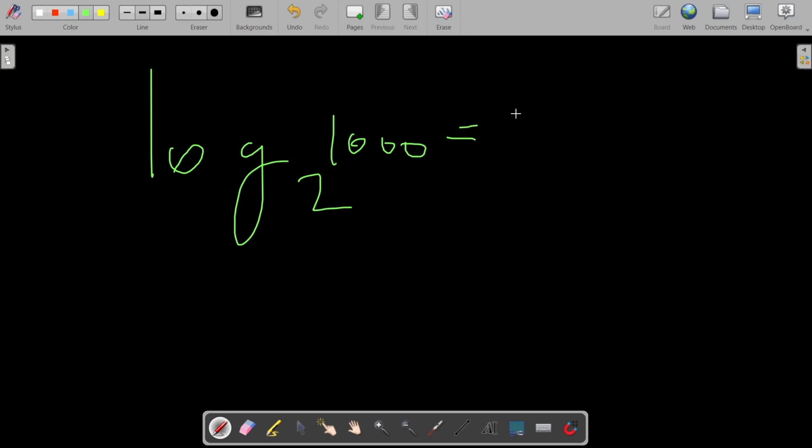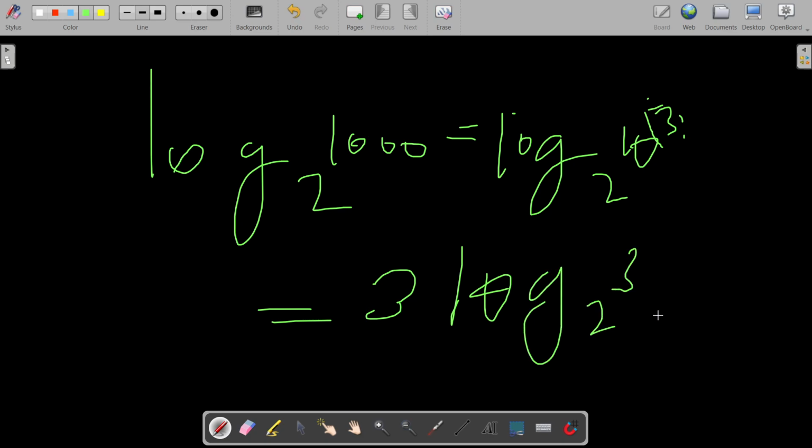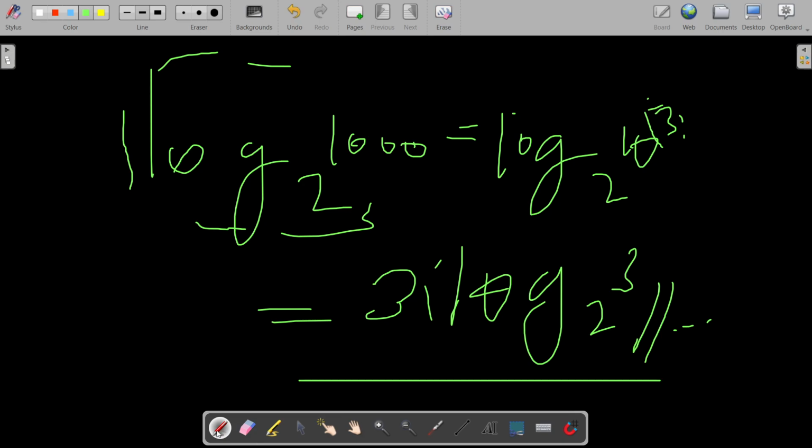I can write 1000 as 10 cubed, base 2, and I can write this 3 in front of this logarithm, 3 log 10 base 2. I can simplify this logarithm term like this. Okay, the first simplification steps.